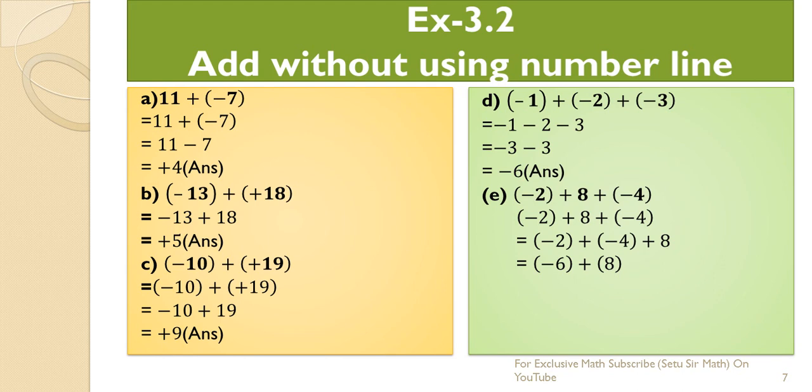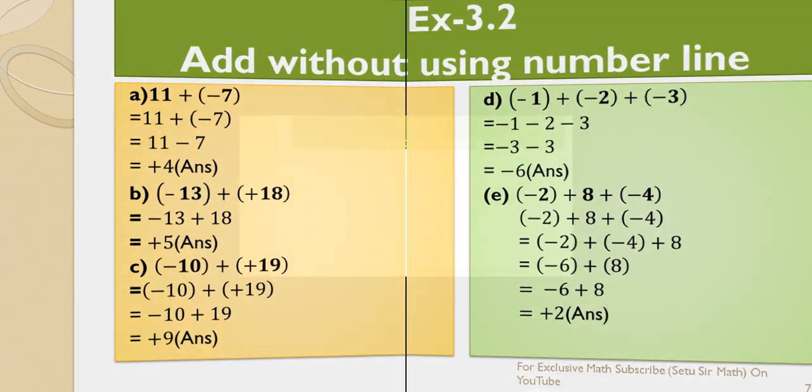So 4 and 2, that would be 6, and the sign will be the bigger number's sign. The bigger number is 4 in here, the sign is minus, and plus 8, and plus and minus, that would be minus. So that's why from 8, if we minus 6, we will get 2, and the sign will be the bigger number's sign, and in here the bigger number is 8, the sign is plus.